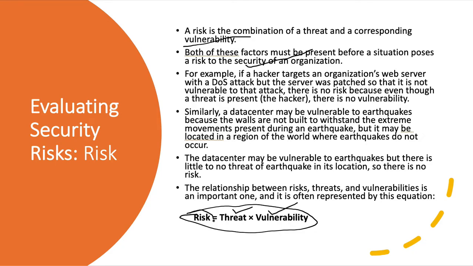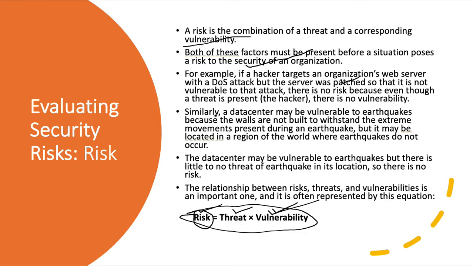So risk will be quite lower or risk would not be there because we have already eliminated the vulnerability part. For example, if a hacker targets an organization's web server with a DoS attack, but the server is already patched, which means the vulnerabilities have already been mitigated, there is no risk because even though the threat is present, there is no vulnerability.